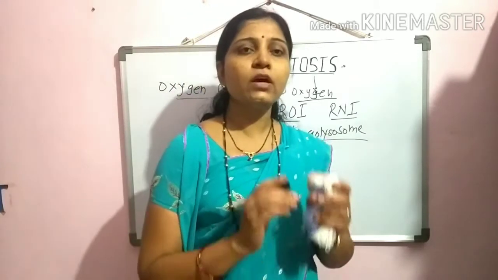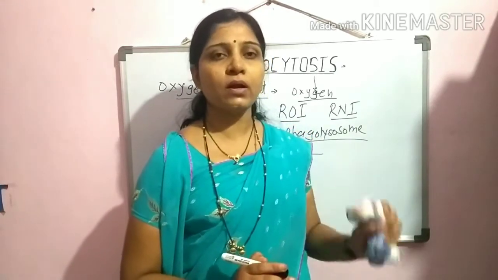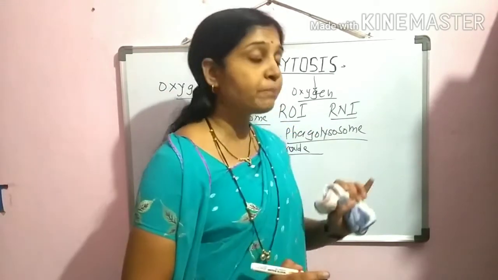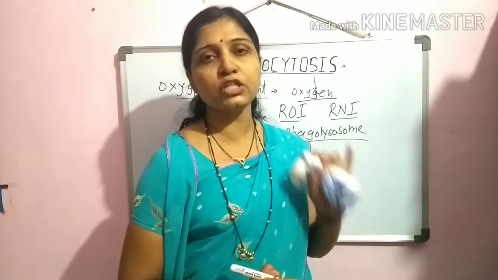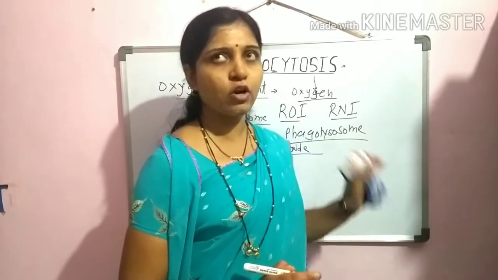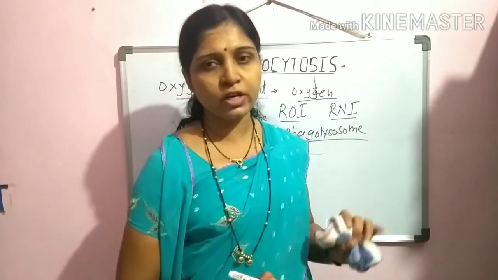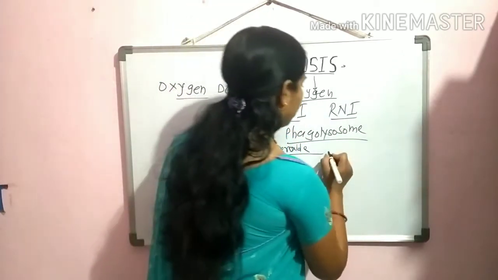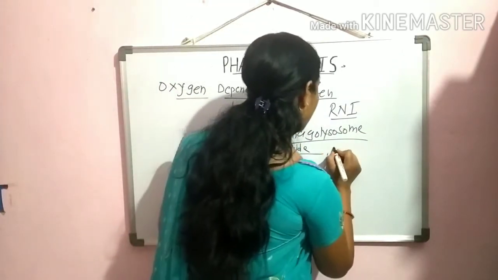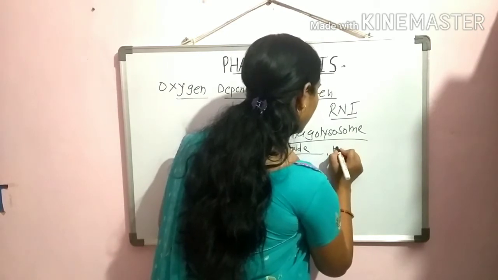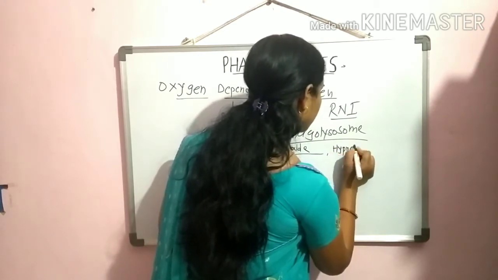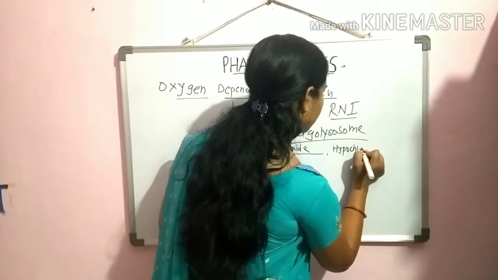So in the formation of reactive oxygen intermediates, due to the activation of the myeloperoxidase enzyme and the membrane bound oxidase enzyme, there is the formation of superoxide anions, hydroxyl ions and hydrogen peroxide. There is also formation of sodium hypochlorite, that is, hypochlorite ions and chloride ions.